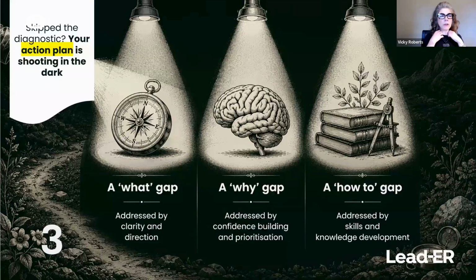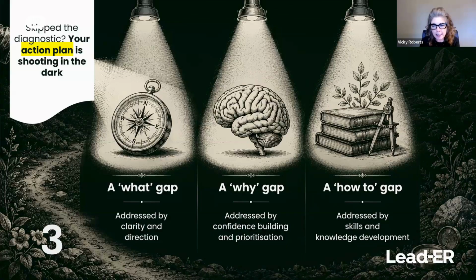So let me go on to the third misstep then, and the third technique, which is skipping the diagnostic. I've just alluded to it a little while ago around really getting to the underlying cause of why there is a performance gap.